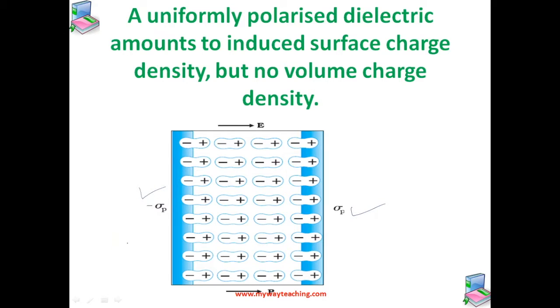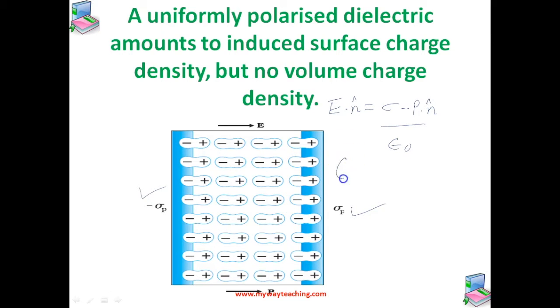So, putting the equation for electric field in vector form, we get E dot n cap is equal to sigma minus P dot n cap by epsilon naught.